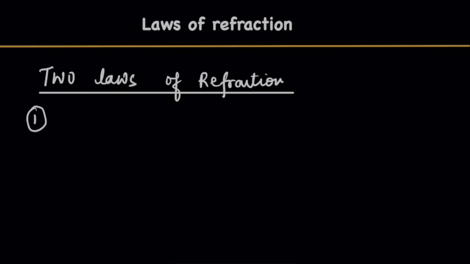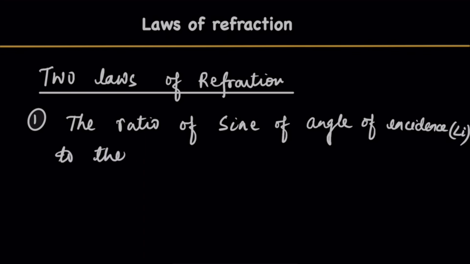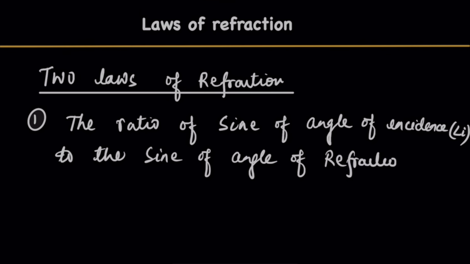First is the ratio of the sine of the angle of incidence, which is represented as angle I, to the sine of the angle of refraction is constant.